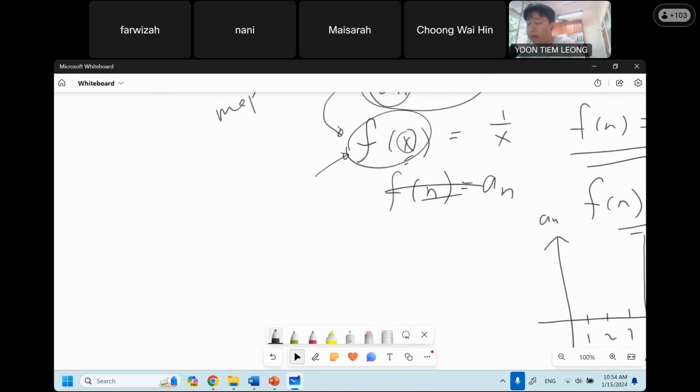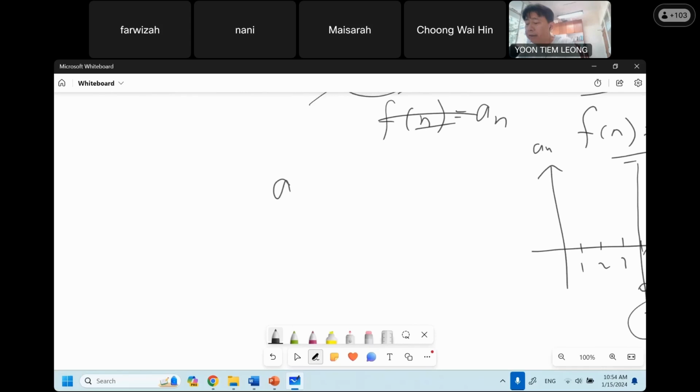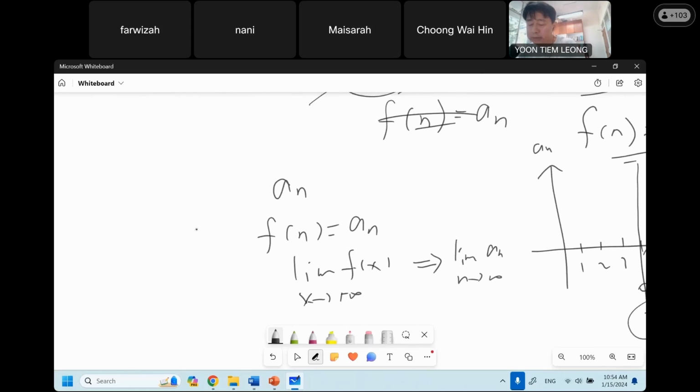So anyway, it says that if you have a sequence a_n, and you can find a function f that maps the sequence to a_n, then if the limit of the function f(x) when x goes to positive infinity exists, it implies that the limit of the sequence is equal to the limit of this function.